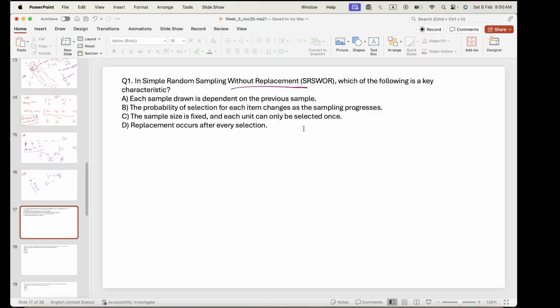Without replacement means the probability of selection from the population changes as the sampling progresses. Yes, this is true. The probability of selection for each item changes as the sampling progresses. The sample size is fixed, and each unit can only be selected once.